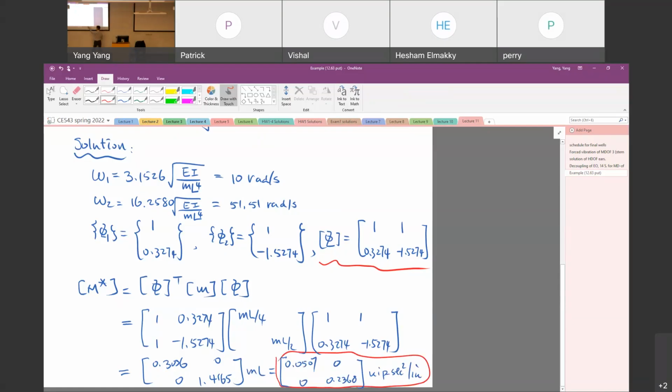As you can see here, the M star has numbers on the diagonal, and the other two are 0. Does this make sense?